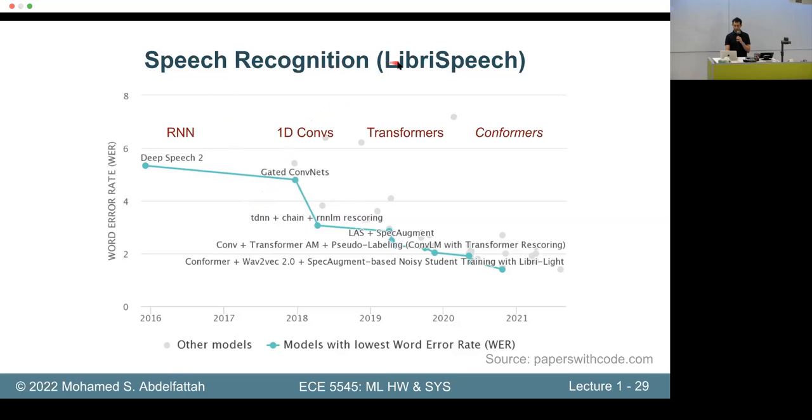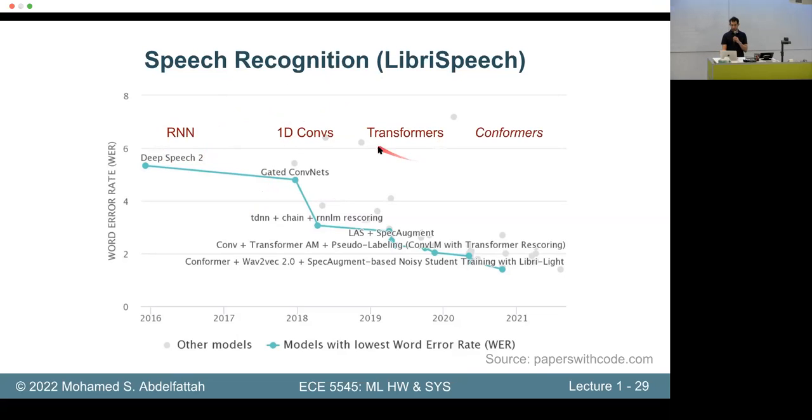In speech recognition, for example, we started 5 or 6 years ago with RNNs. People were using RNNs, mostly LSTM-based RNNs, to do speech recognition. This quickly shifted to 1D convolutions, which were found to work just as well in many cases, but were computationally much cheaper.